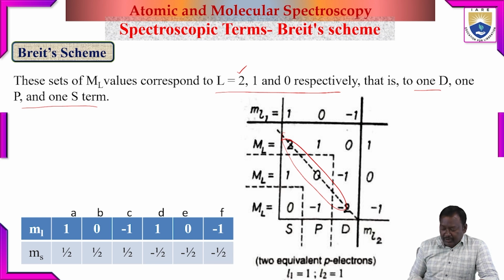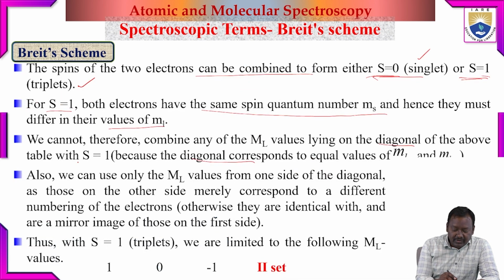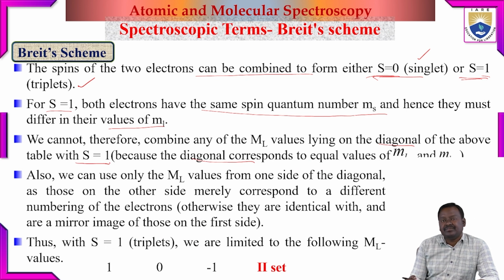So this combination is not possible for s equal to 1. Whenever s equal to 1, that means the two electrons having the values ms equal to 1 by 2 and ms equal to 1 by 2, you should not take the diagonal values.